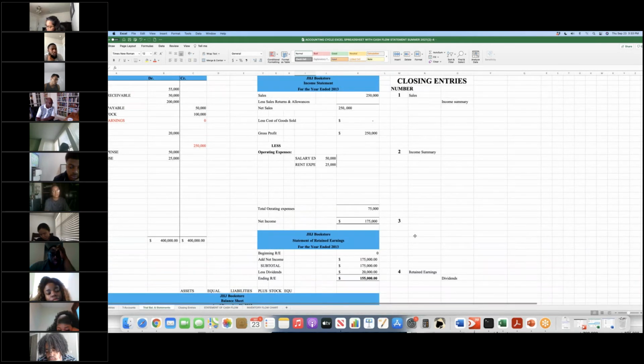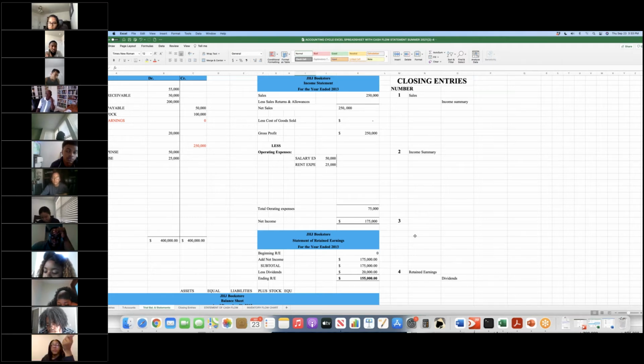So let's look at closing entries. And closing entries are like any other journal entry. Once you make them, you got to post them. And we don't want a lot of entries in the retained earnings accounts. We only want to see two things: earnings and dividends.